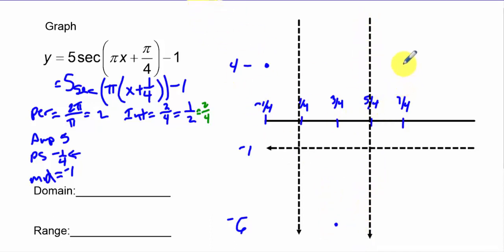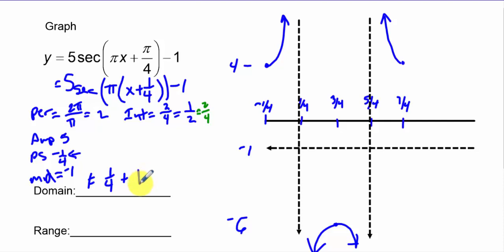And then I'm back to my value at 1, which is now 5. And we take and draw our graph from there. So I know this goes up. It's going to go down. This goes back up. My domain in this case, you'll notice between asymptotes, we have 4 pi over 4 or 1. So I can say this is not equal to 1/4 plus integer multiples of k.